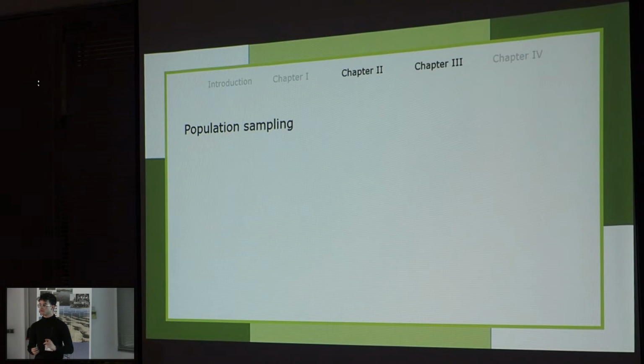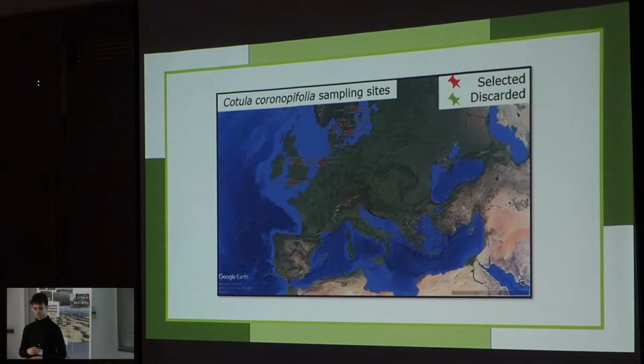The workflow for both species was first the population sampling, and for that task we have a group of international collaborators that have helped us to obtain samples from different populations along Europe and South Africa.